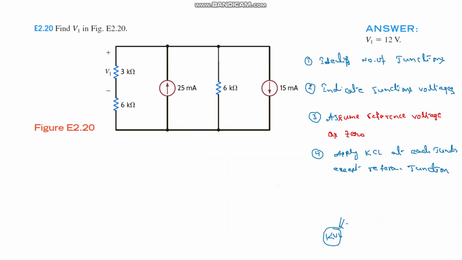First, we apply point number one: identify the number of junctions in the given circuit. First, you should understand what a junction is.